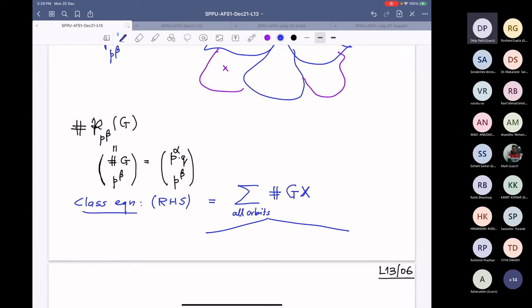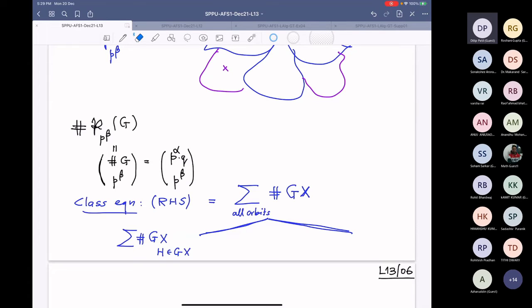The one which contains a subgroup and the one which does not contain a subgroup. So this sum is split into two parts. I am taking the sum of cardinalities of the orbits where the orbit contains a subgroup H. Different subgroups will belong to different orbits.